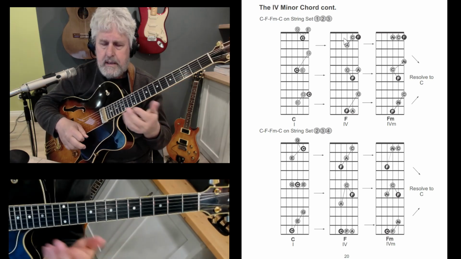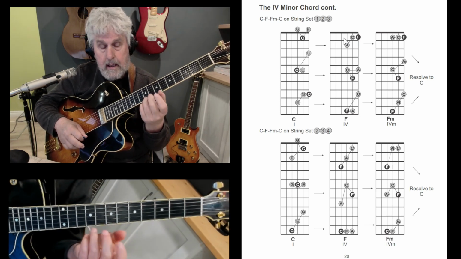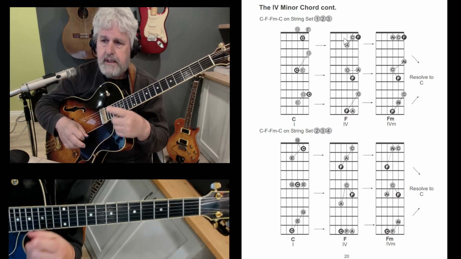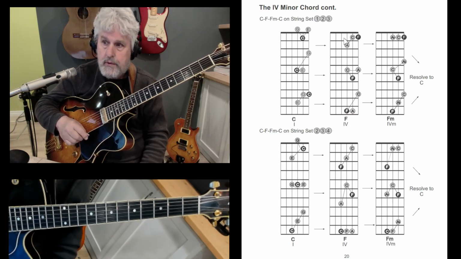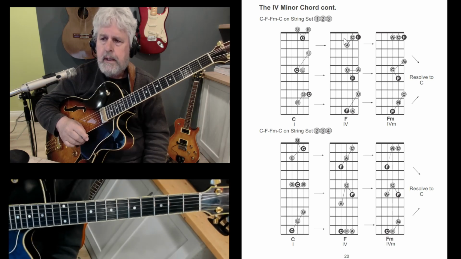Right? So the C is present. In other words, the root of the key of C is present in each one of these chords. That's an important distinction when it comes to chord progression.